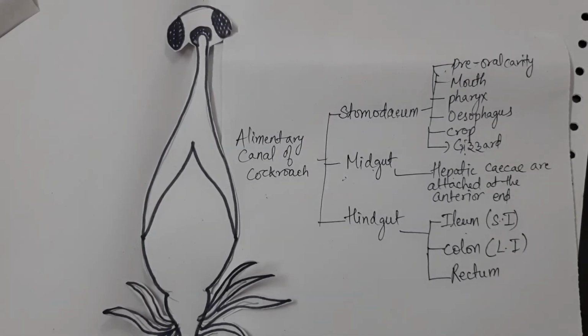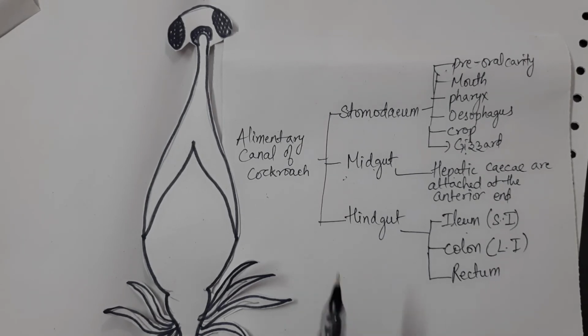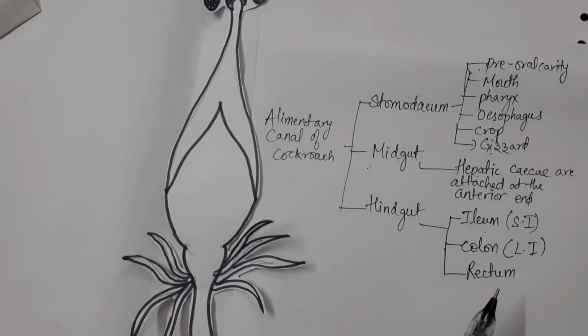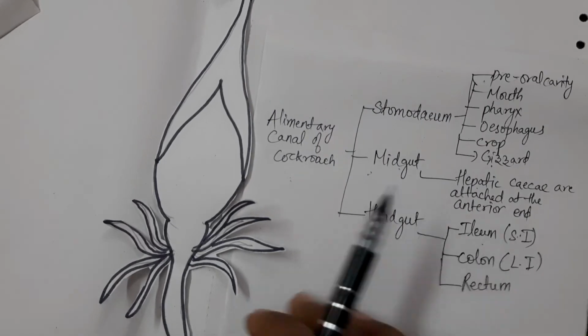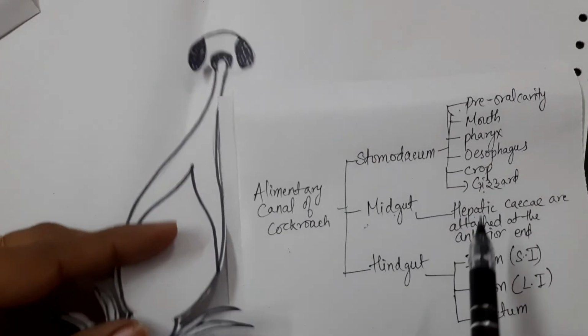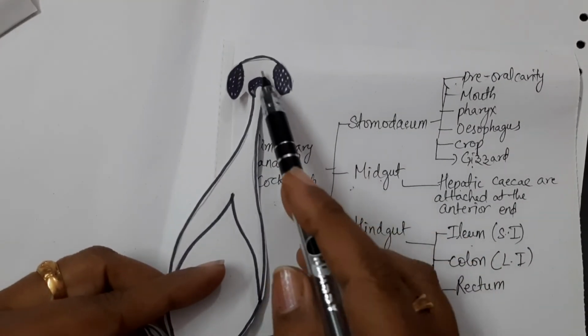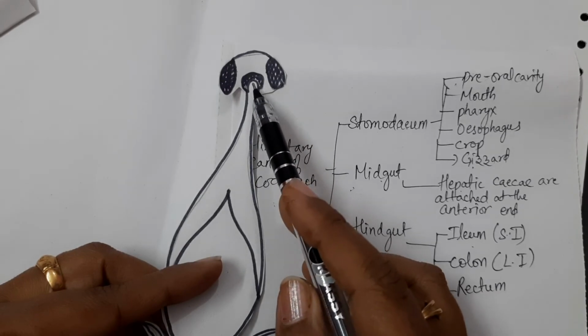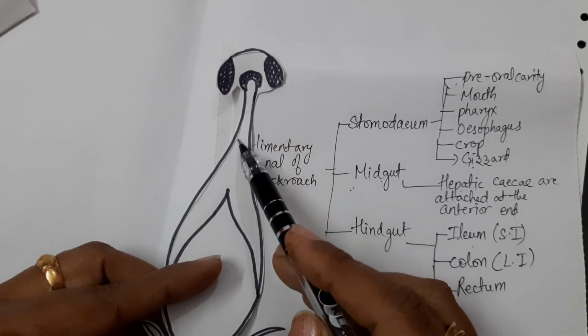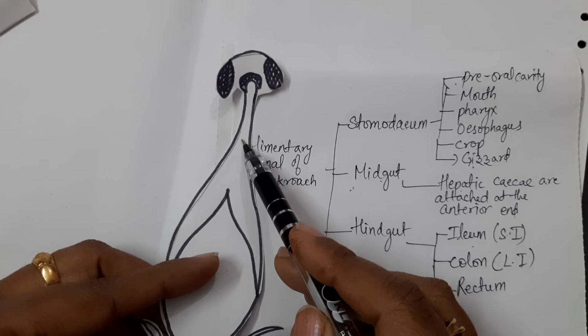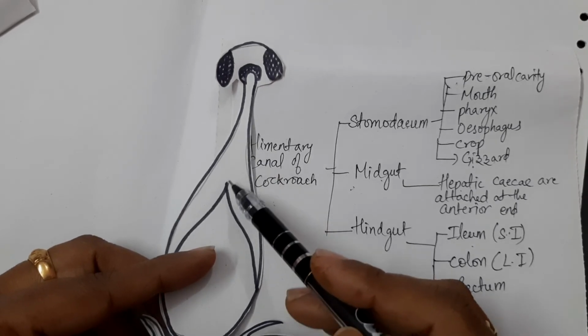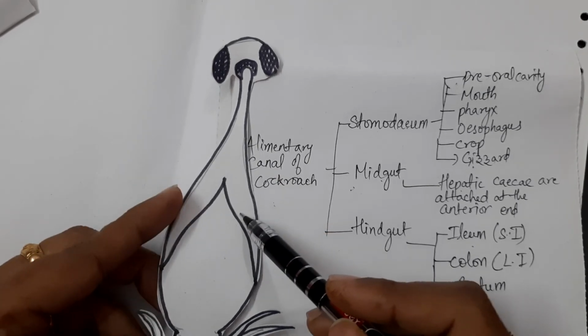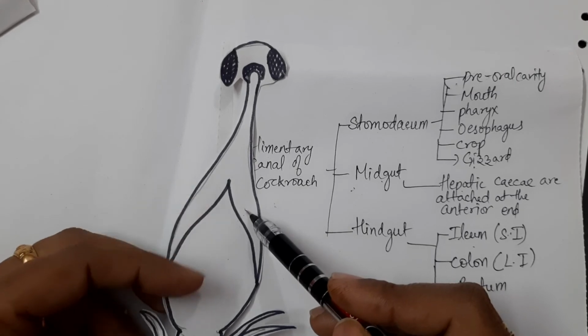As you can see, I have placed a structure near this, and if you can see in detail, this is the head, pre-oral cavity, mouth, then it leads to the esophagus, then the pharyngeal region, then this section is the crop section.